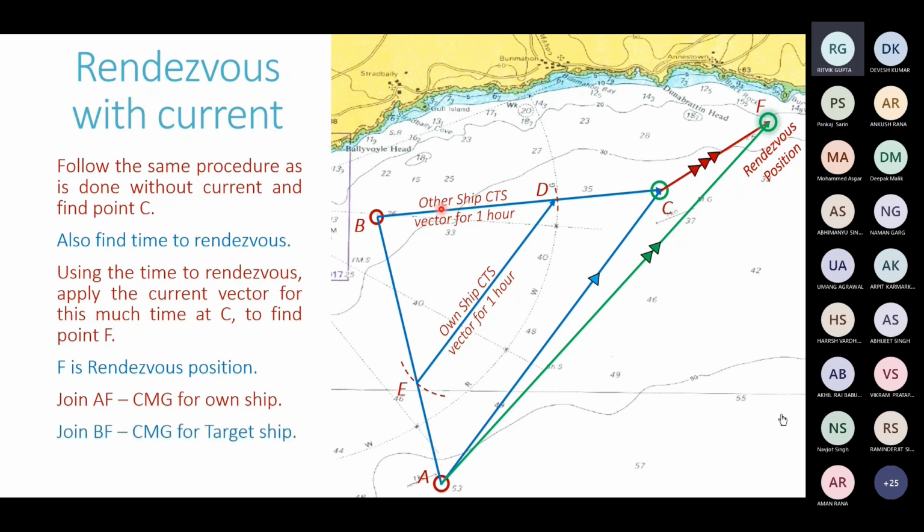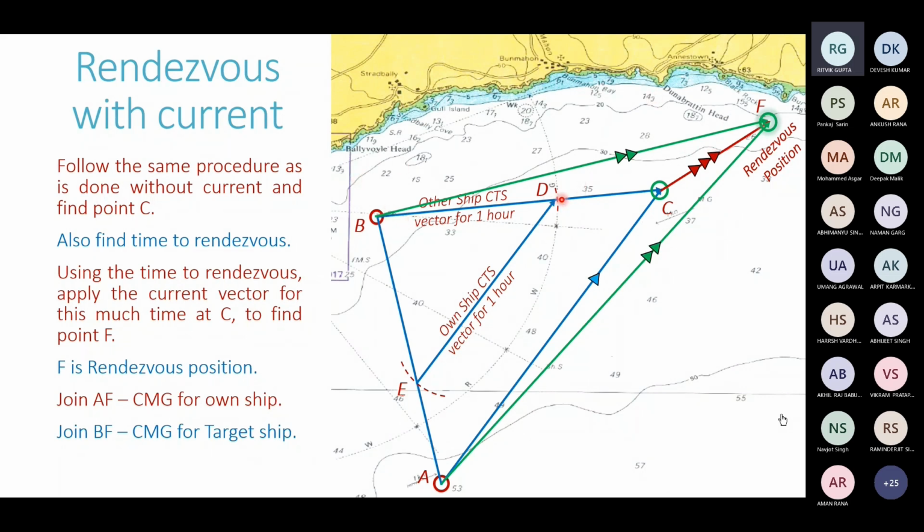Similarly, let's join Bravo to Foxtrot, B to F. This line Bravo Foxtrot is the course made good by the target ship.